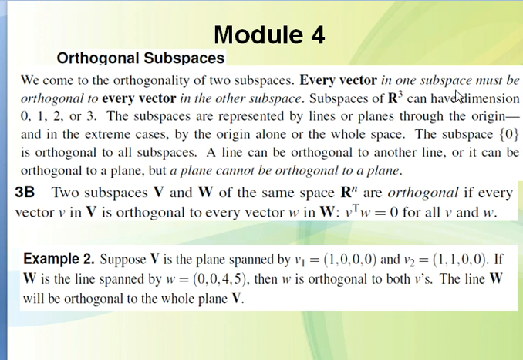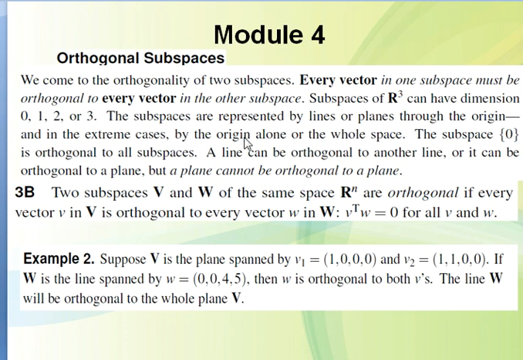Every vector in one subspace must be orthogonal to every vector in the other subspace. The meaning is, consider the subspaces of any dimensional coordinate system, let's say subspaces of R3. Subspaces of R3 can be zero-dimensional, one-dimensional, two-dimensional, or three-dimensional, so they can have any dimension from 0 to 3.